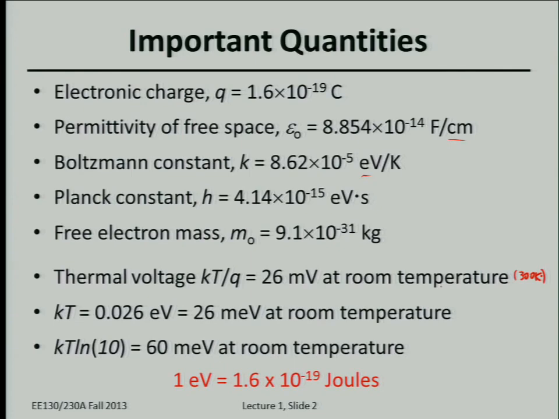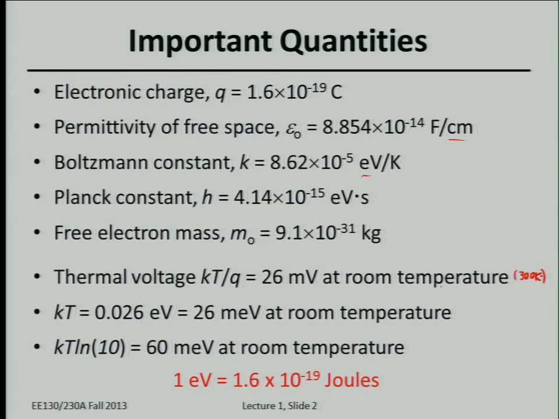Another thing that's very useful to know is kT times the natural log of 10, because we humans like to plot things on log scales, orders of magnitude. That's base 10, but a lot of physical phenomena happen with exponential factors, so we often need to convert from log base 10 to natural exponential.